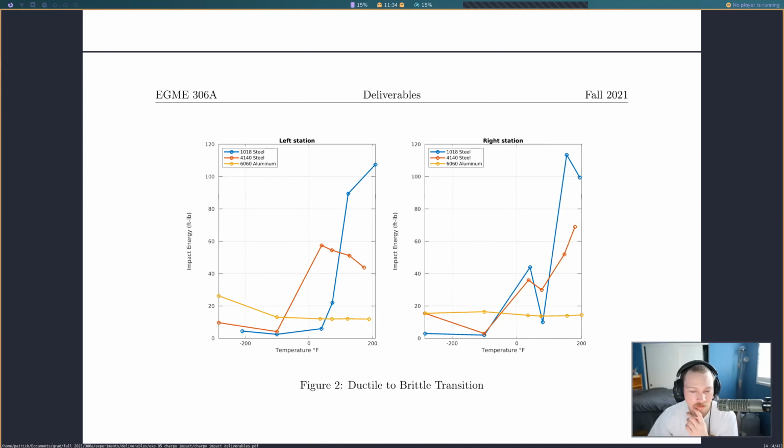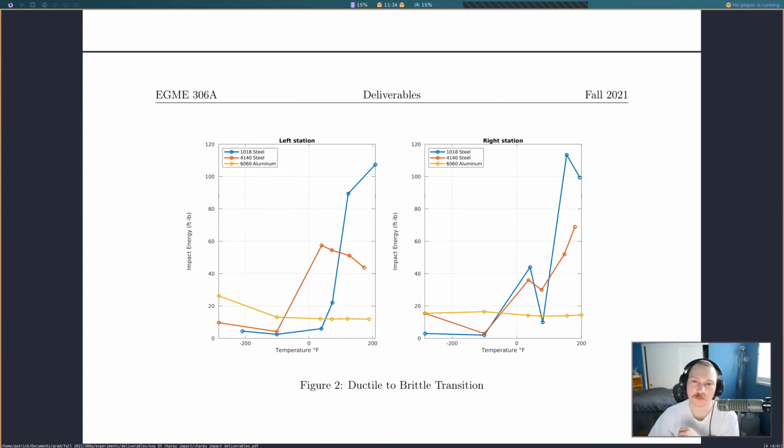Then we got to make a vector for the transition impact energy. If we're looking at this blue curve here, that transition energy is maybe around 70 foot-pounds, something like that, and maybe like 60. We need to make a vector for that so we can make a line, right?